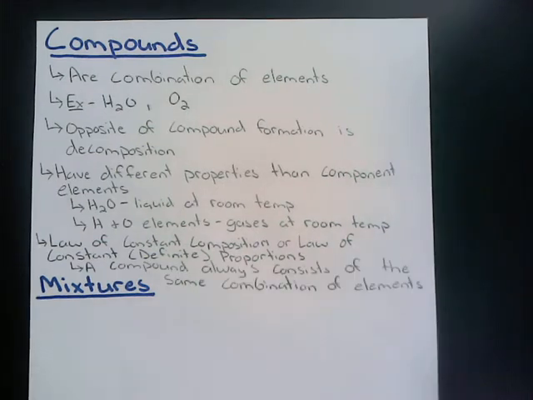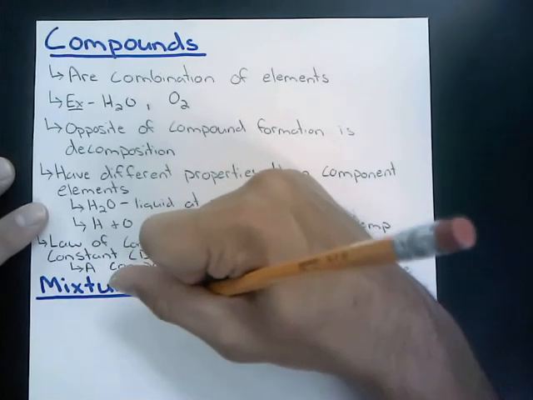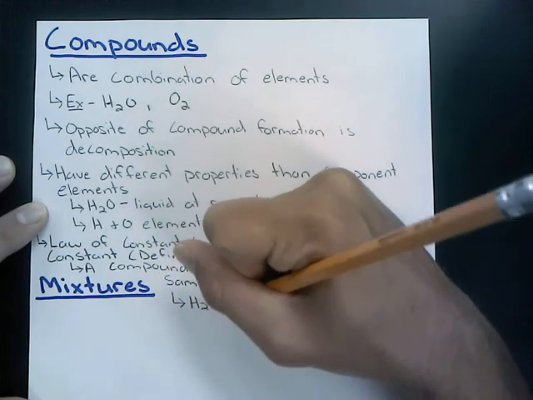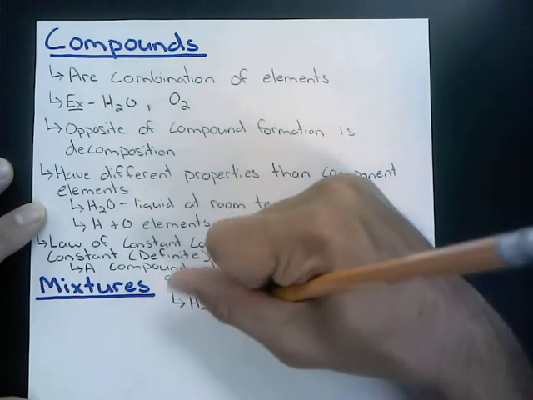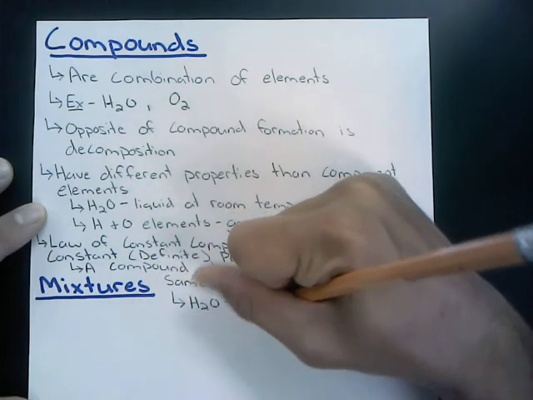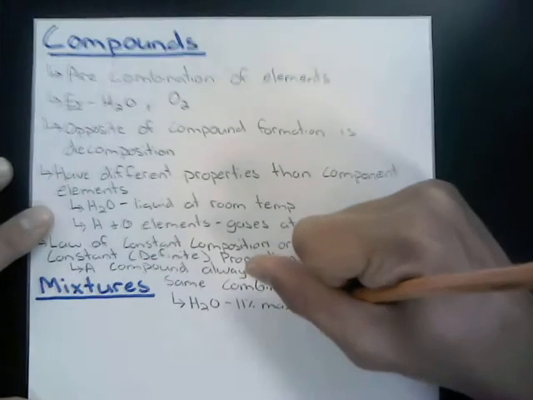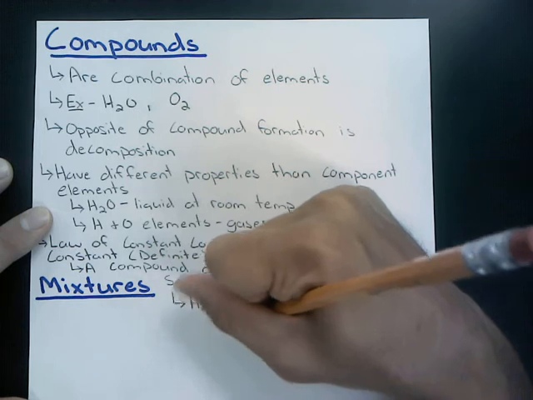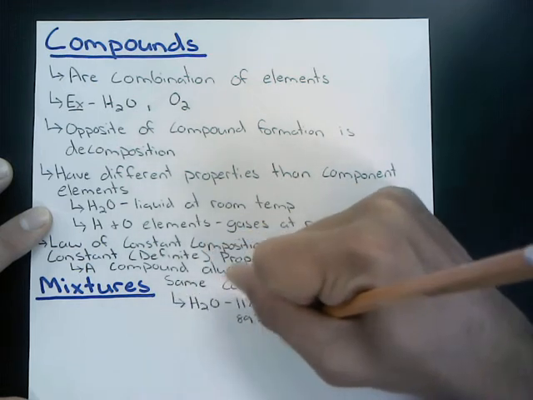And so I know we're running out of room here, but again, our example once more is water. So water is always 11% by mass hydrogen, and it is 89% by mass of oxygen.